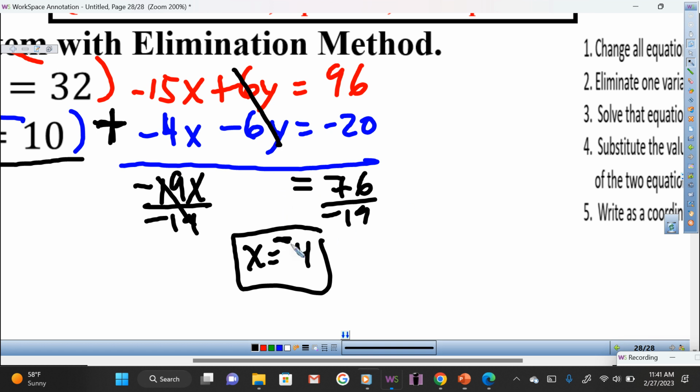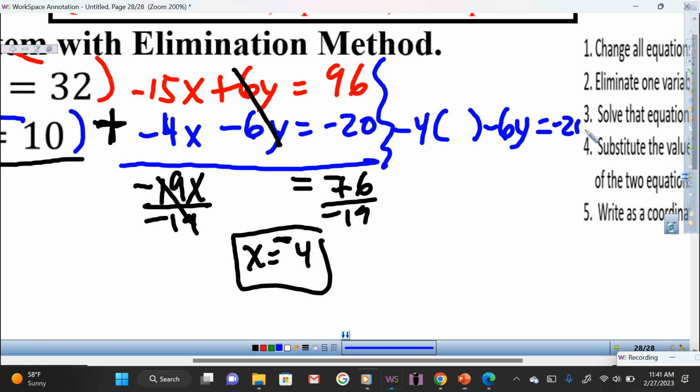All right, tell me what you write, Valente. Am I using the red one or the blue one? The blue one, okay. So I write -4 parentheses for x minus 6y equals negative 20, and I substitute negative 4.